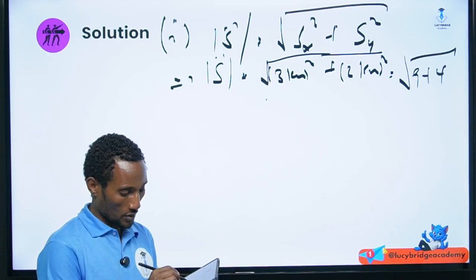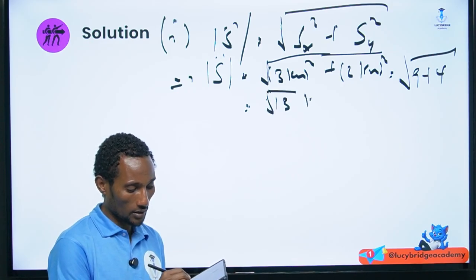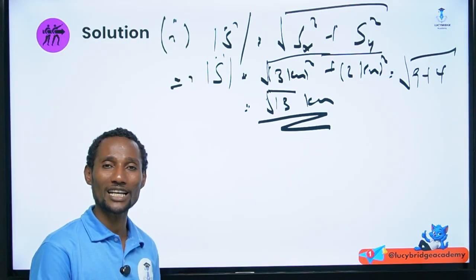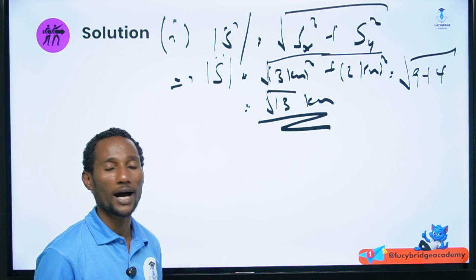This results in the square root of 13 kilometers, which we don't take out from under the root; we leave it as it is.